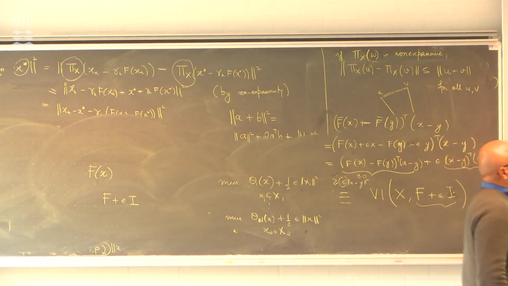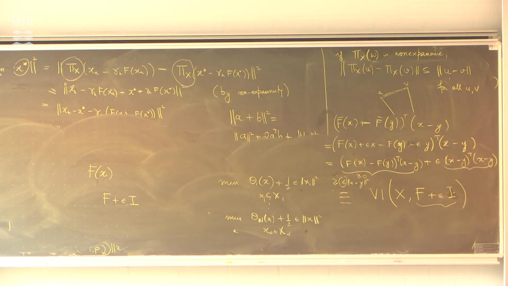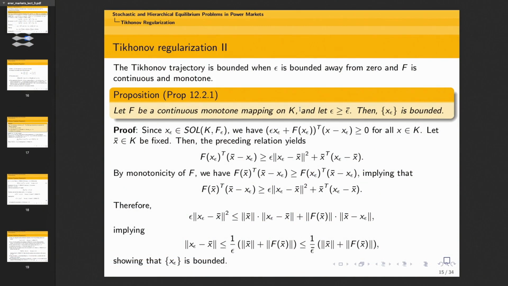So now, if I try and get a solution to the strongly monotone map, let's write this out. Why does this hold? This holds from the property that x epsilon is a solution of this.